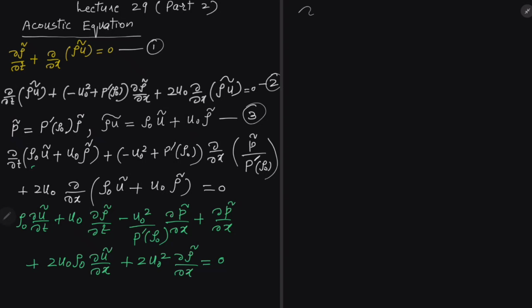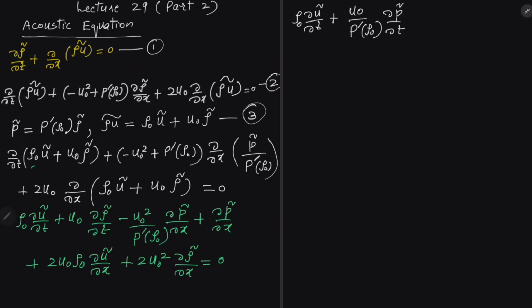So we get rho naught partial u tilde by partial t plus u naught over p dash rho naught partial p tilde by partial t. Okay, we got it. Let me just think about what else we can do.